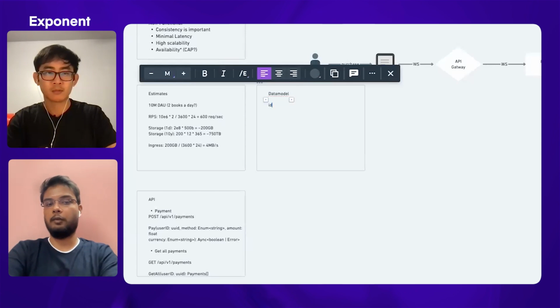Okay, so first would be ID and user ID, method.